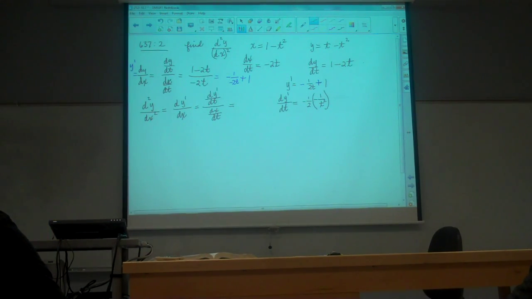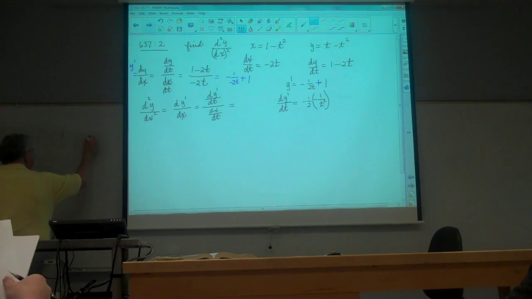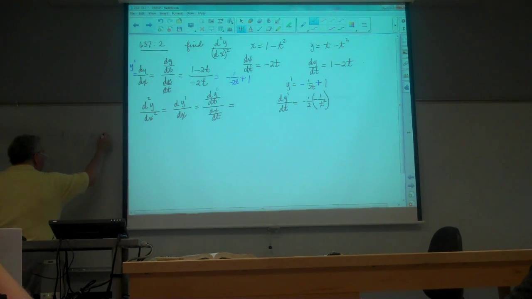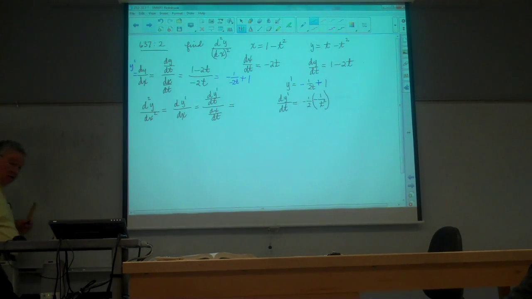Have you by now decided that the derivative with respect to x of 1 over x is equal to the derivative with respect to x of x to the minus 1, which is equal to minus 1 x to the minus 2, or minus 1 over x squared?